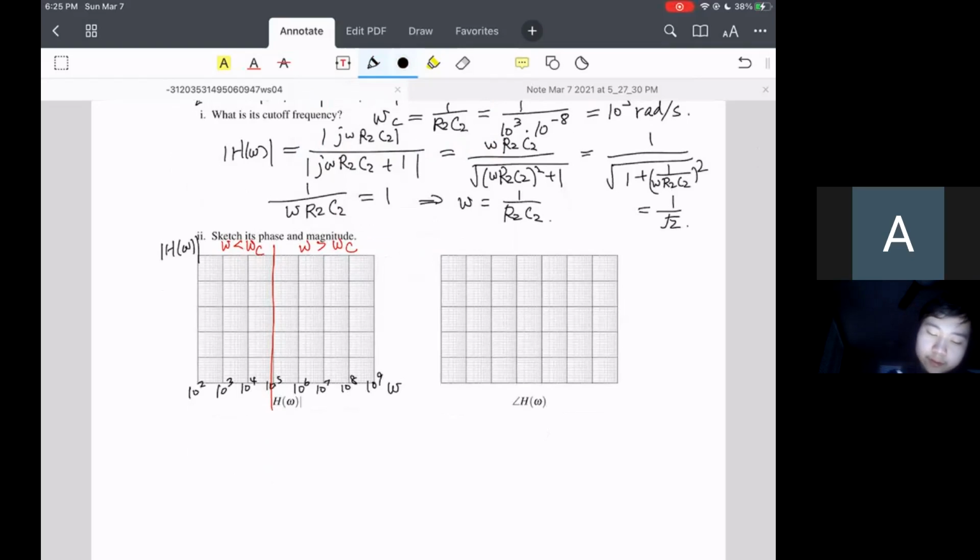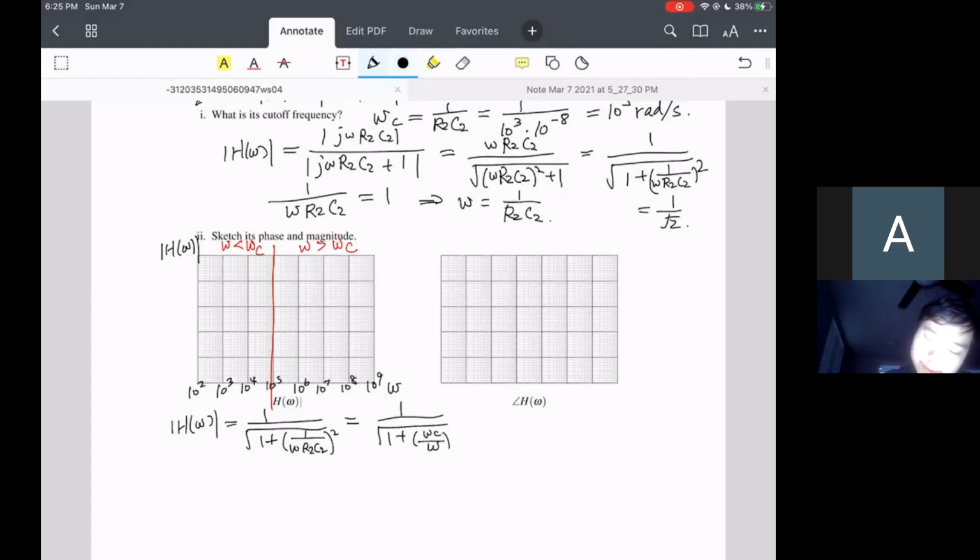And we know that the magnitude of the transfer function is equal to 1 over root 1 plus 1 over omega R2C2 squared. Since 1 over R2C2 is what we define as omega c, we know this is equal to 1 over root 1 plus omega c over omega squared.